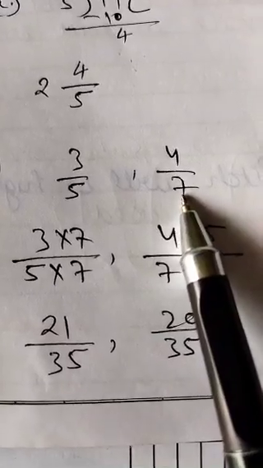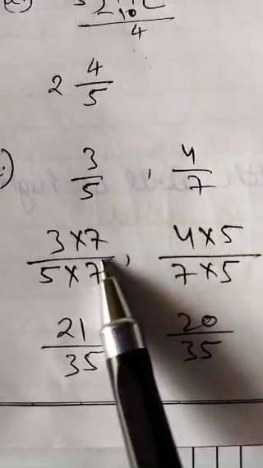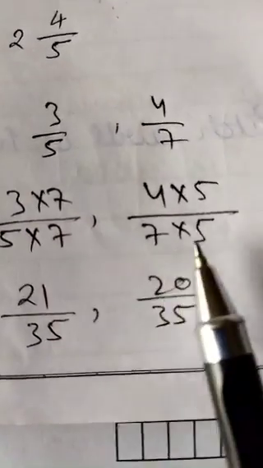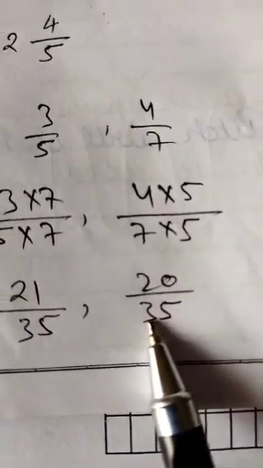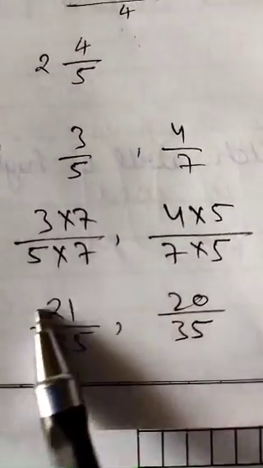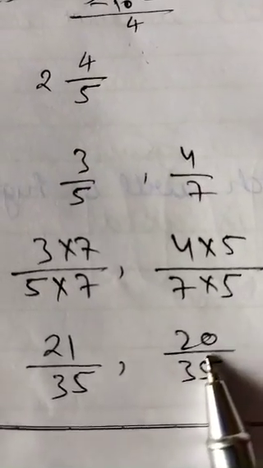And here the denominator is 7, so you will multiply the first fraction by 7, both sides. Then after multiplying you will get 21/35, and after multiplying this you will get 20/35. See, the denominators are the same, so we can say these are like fractions. In this way we have to change. This is your answer.